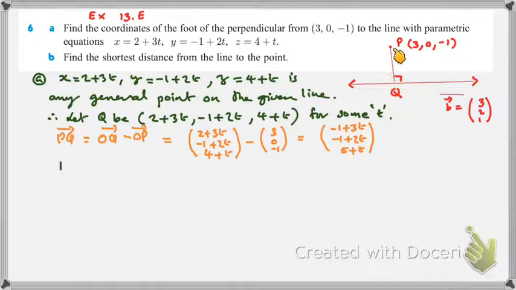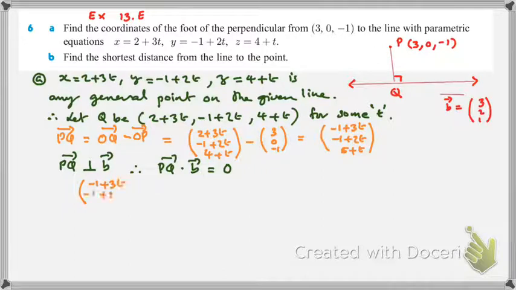Now what is special about PQ? PQ is perpendicular to the line, so PQ is perpendicular to the b vector. If PQ vector and b vector are perpendicular, their dot product has to be equal to 0. So PQ dot b is equal to 0.